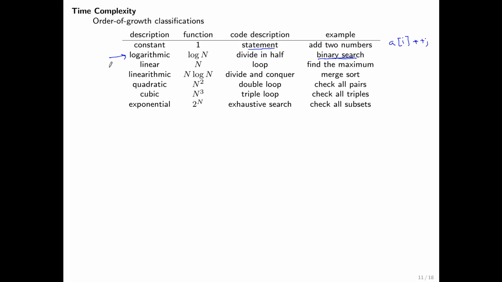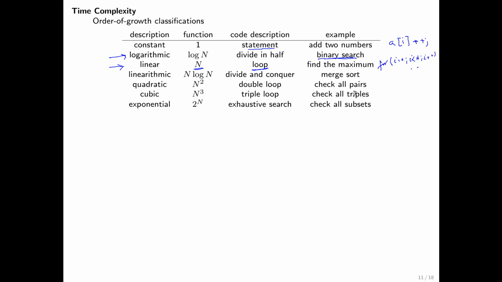The next class is the linear class. You simply write T of n equals n, and the way that manifests itself in code is as a loop. If you have a loop that looks like for I equals 0, I less than n, I plus plus, and so on, this loop is clearly linear, meaning it is iterated n times.